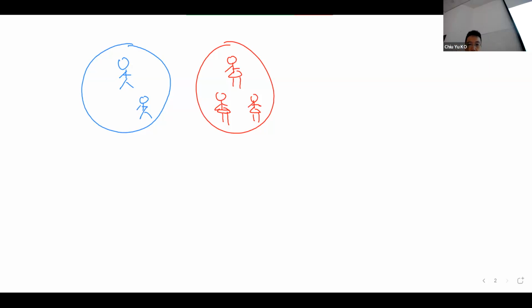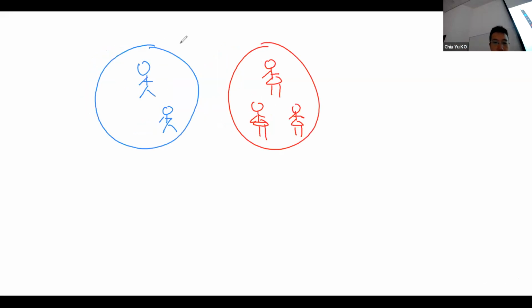So we do a random sample. How many women did you get? 30. Okay. And how many men did we get? 20. Okay. And what is the average here? It is 100.